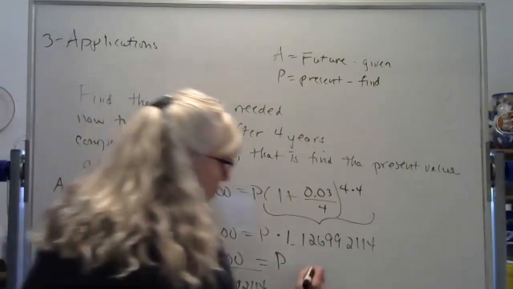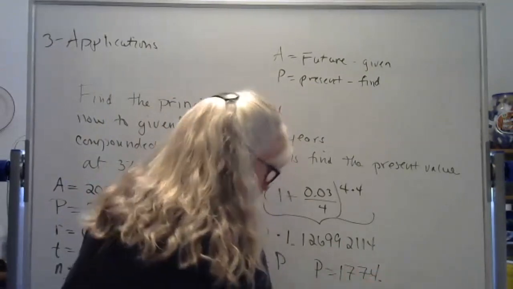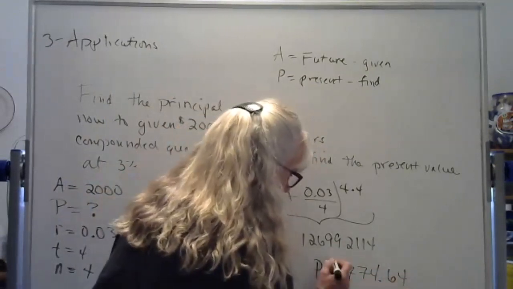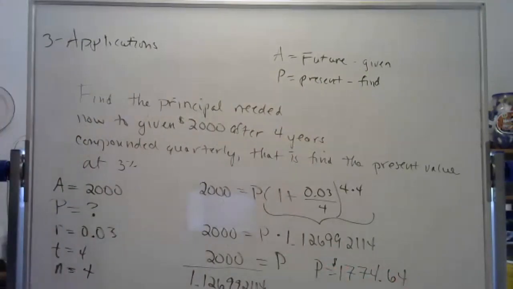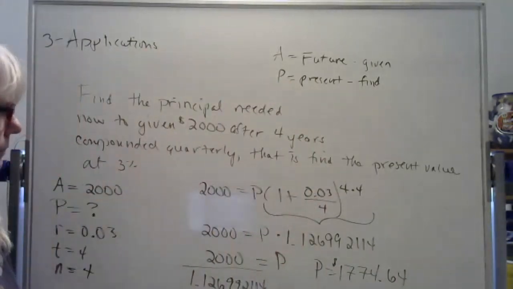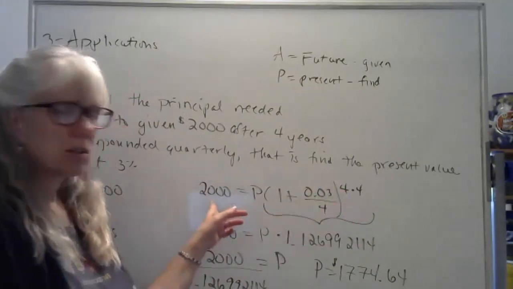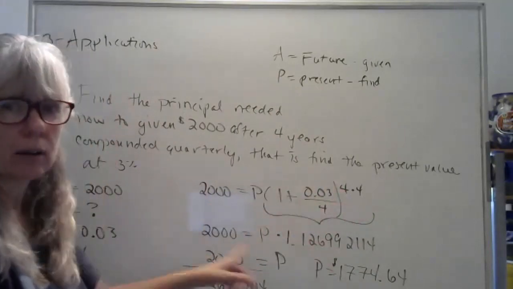And I end up with 1774.64. Okay. And there it is. So you see, I didn't use the negative exponent anywhere. I could have raised this to a negative 16 and just multiplied by 2,000, but to me, it's just easier to let the calculator carry the decimals.